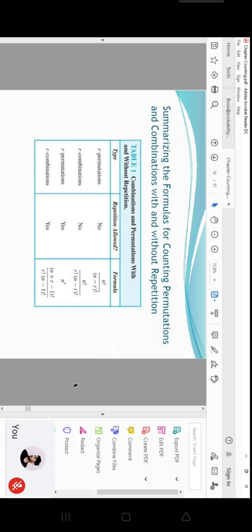Then one important concept is left, that is the distinguishable and indistinguishable concept. So what exactly is that? Right now we are saying that 5-star, Cadbury, Eclairs are distinguishable, that is, each and every element I can separate easily.